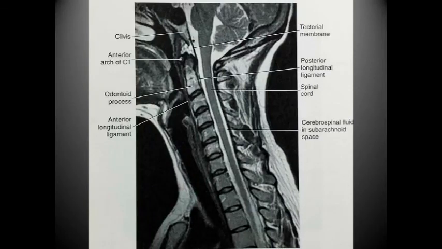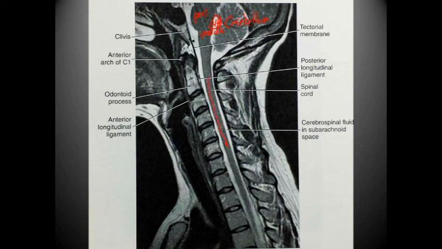Okay, on this image we can see we have the cerebellum. We have the fourth ventricle. We have the pons, medulla. Then we continue down as the spinal canal. And so we have the spinal cord descending.